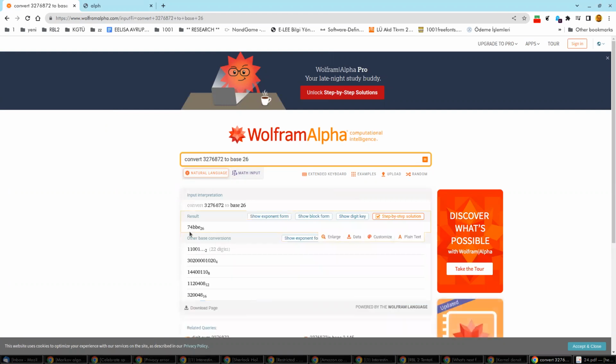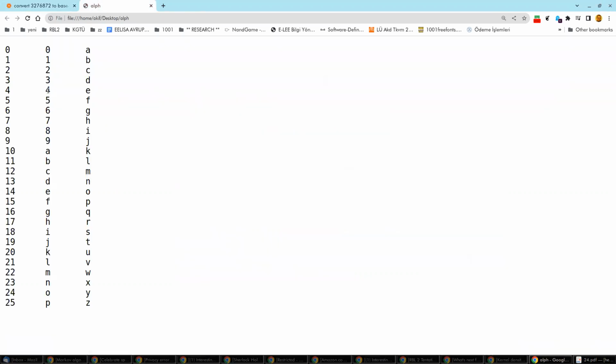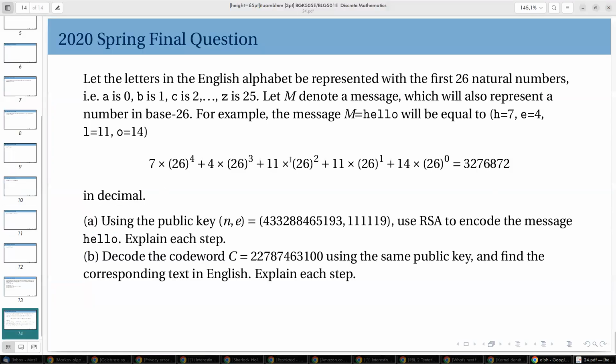Okay, so it produces 74BBE. So 7 is 7, 4 is 4, B is 11, and E is 14, as expected. So now the word hello is represented by the decimal value given here. This is just the representation we use for the purposes of this question.